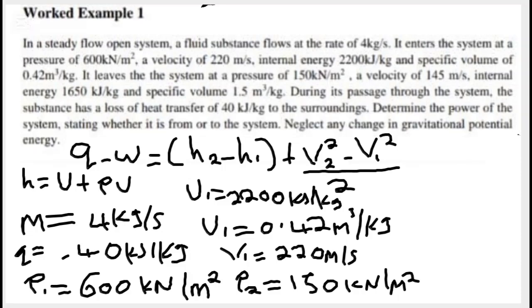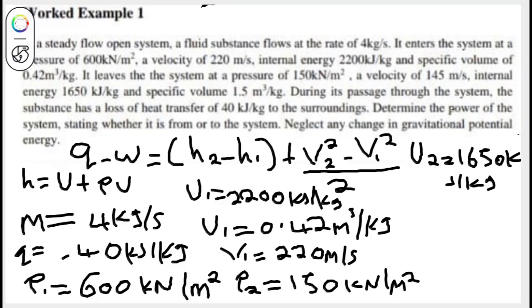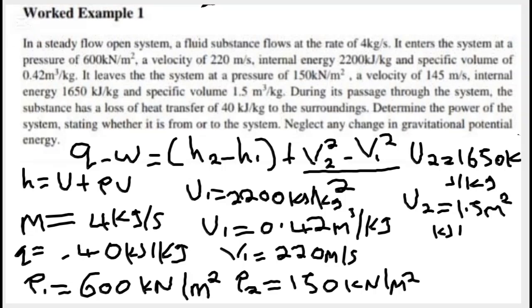The second internal energy is 1650 kilojoule per kg, and the volume is 1.5 meter cube per kg.